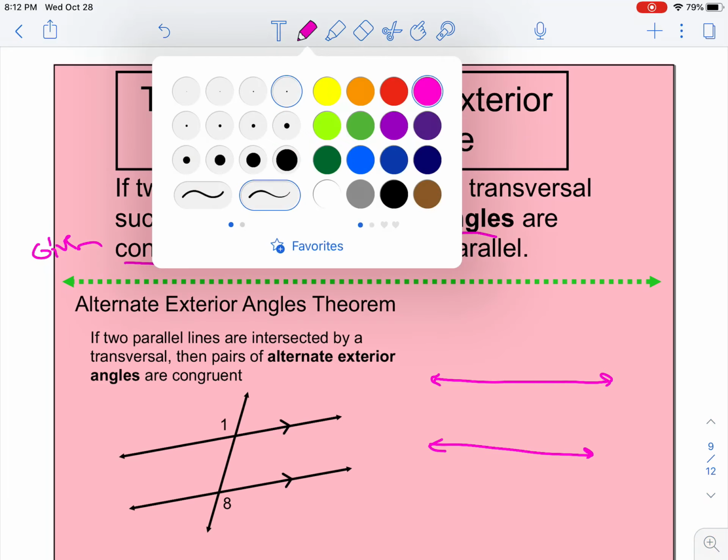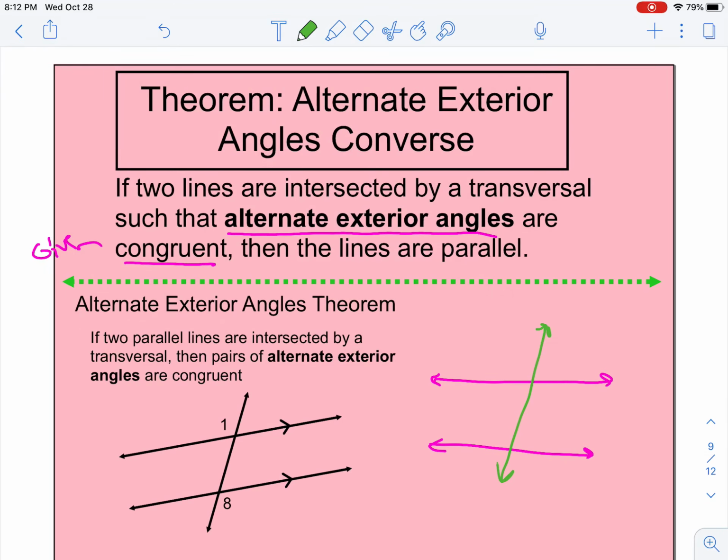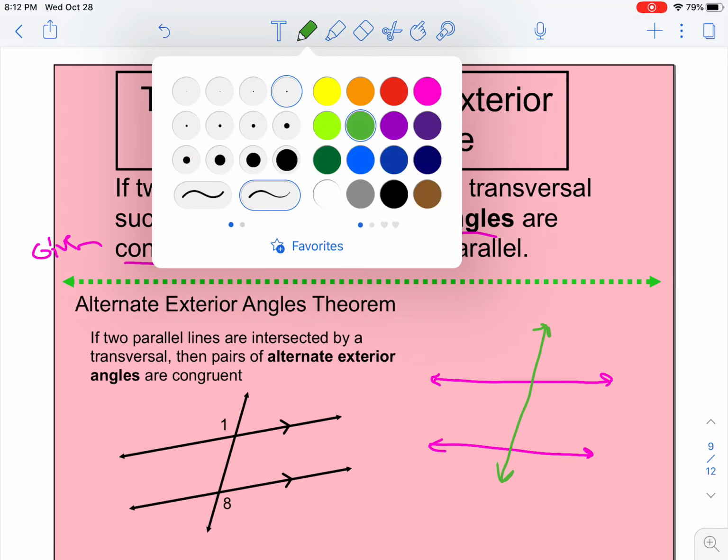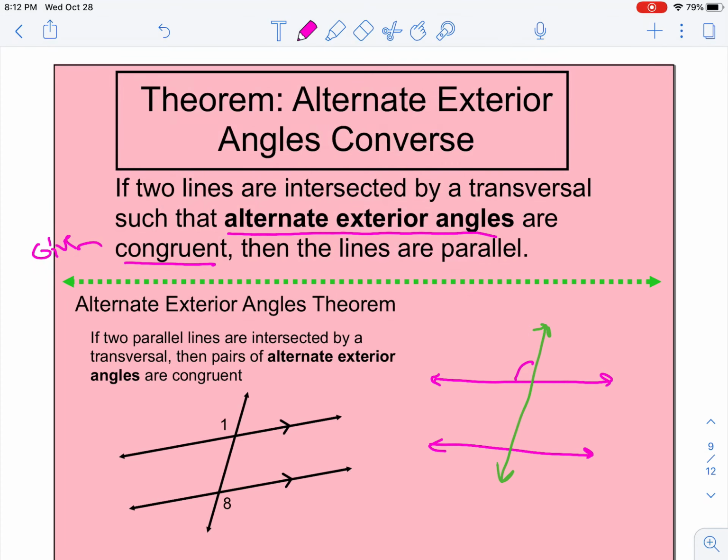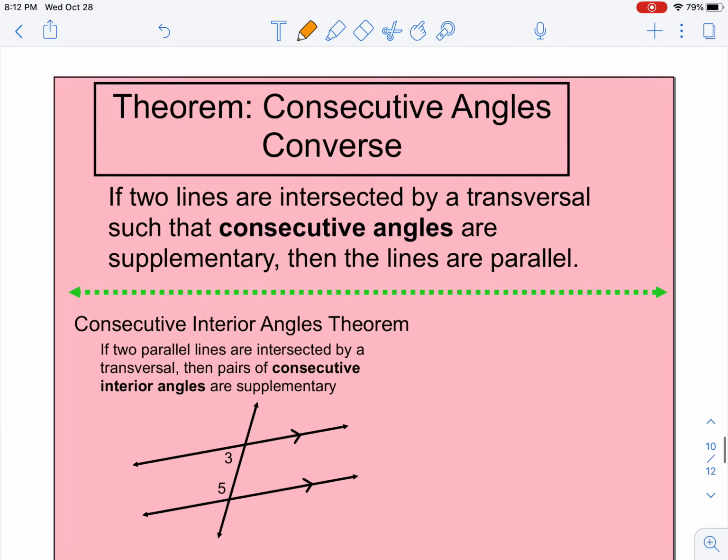We have these two lines intersected by this transversal again, and we don't know they're parallel, but if we know that these alternate exterior angles right here are congruent, and you don't have to abbreviate that, but if we're given that, then what we conclude is we have parallel lines. All right, so hopefully that's making sense.